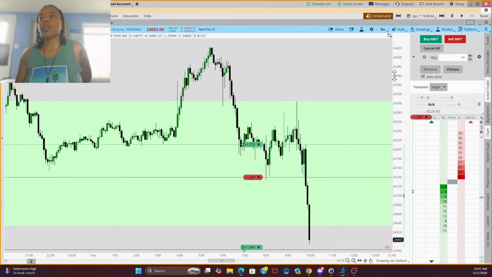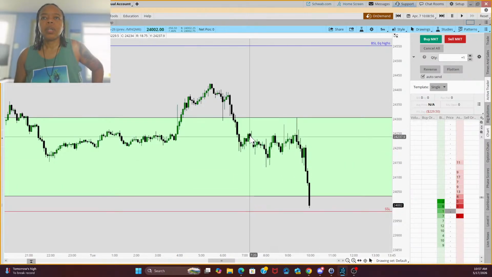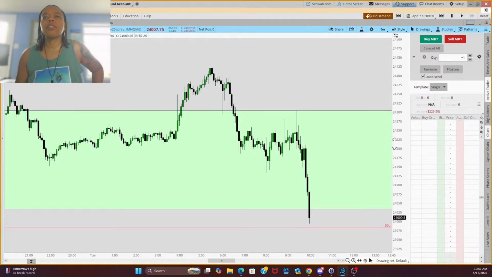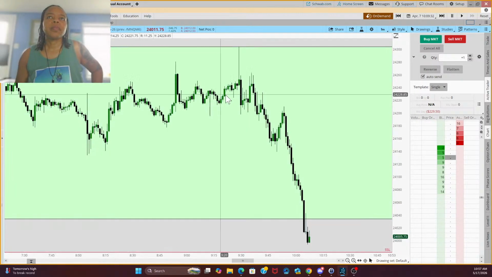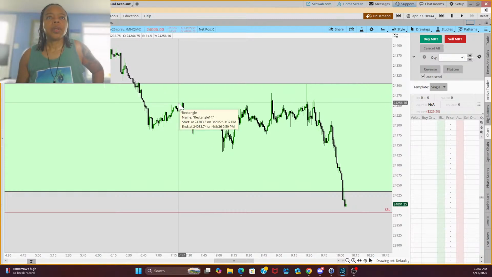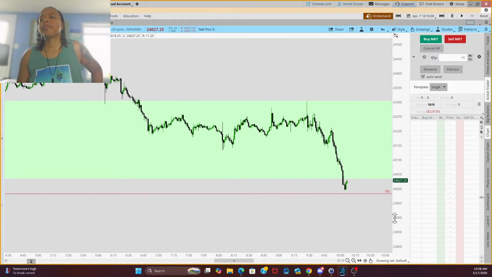Because if I took a short then, that means I would have been in before this occurred. So that means that I would have taken a short when we tap this. And then let's look at the 1 minute here. When we swept here, I would have taken a short right here and gotten tagged out here. Something like that.